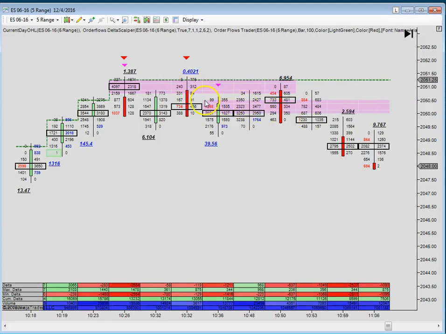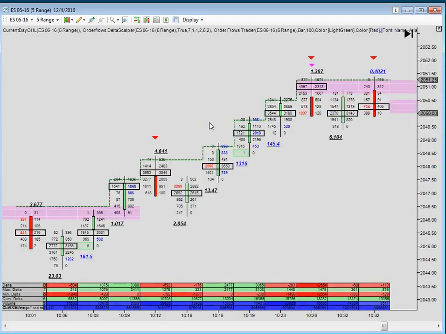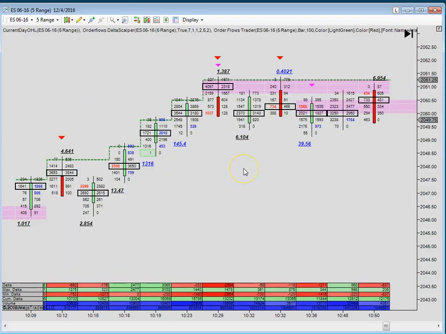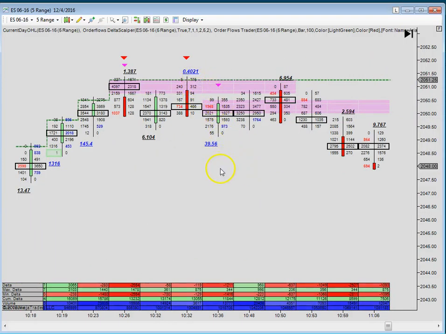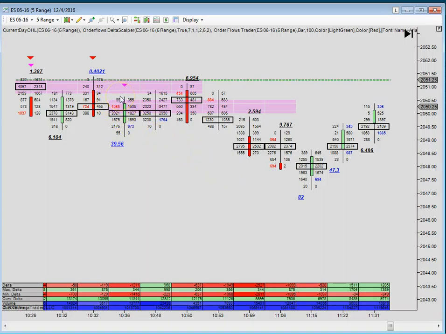And what happens? This is the first one out of 6 divergences in a row that the market at least came off a bit. It went down from 50.5 to 47.5, so it was a 3-point move. It's a 5-range chart, so a 3-point move is very good.